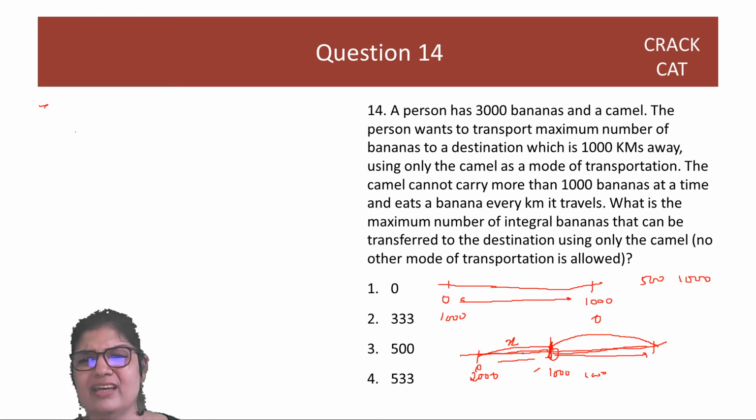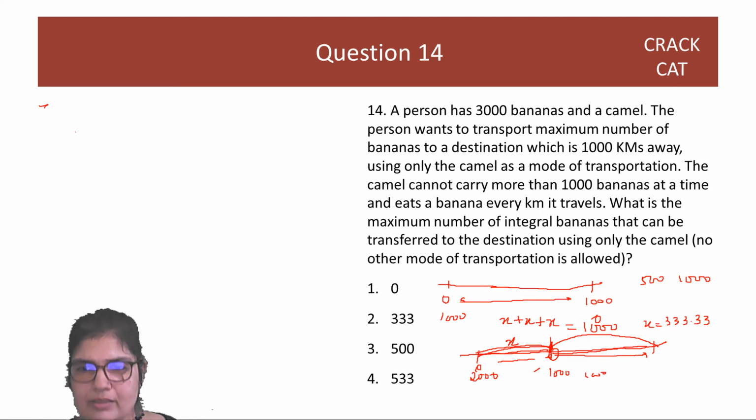So instead of thinking how much he dumps, think how many bananas he will eat in this back and forth. He's going X kilometers once, then coming back X, and then going one more time with the second batch of 1000, and he eats 1000 in 3X. So X must hence be 333. So this point must be 333 kilometers.